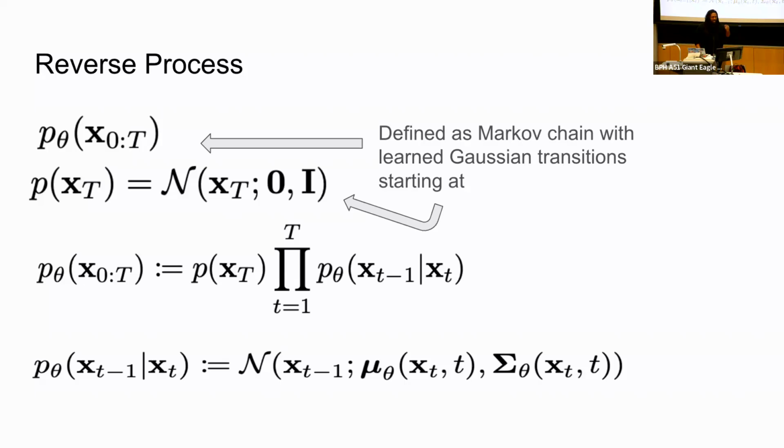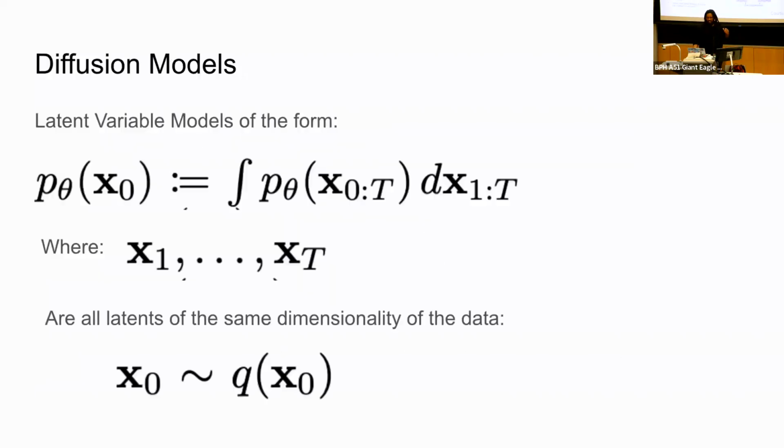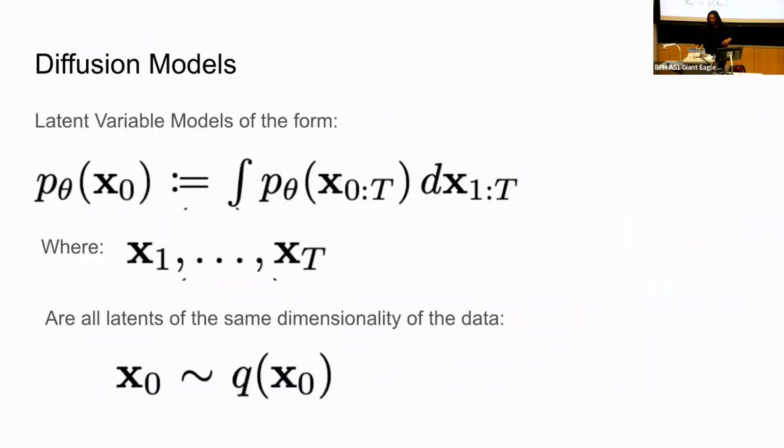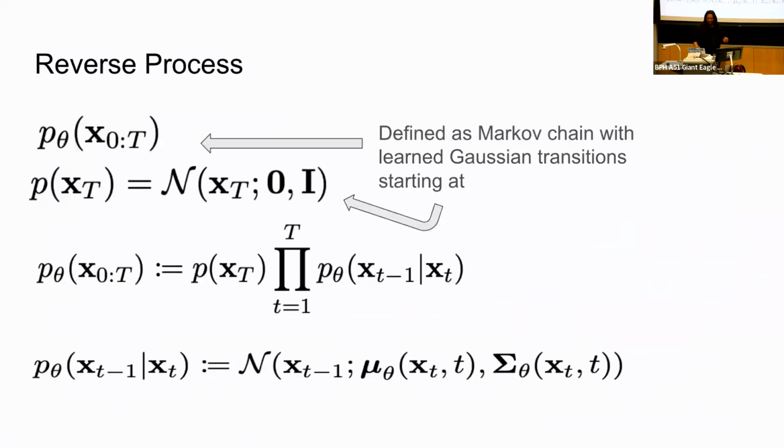So what is this saying? This is saying that we're starting from here, because this is the reverse process. We're starting from pure noise, and we're trying to get back to an image.